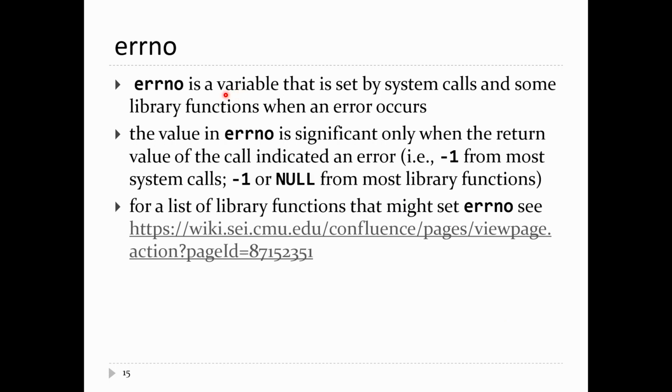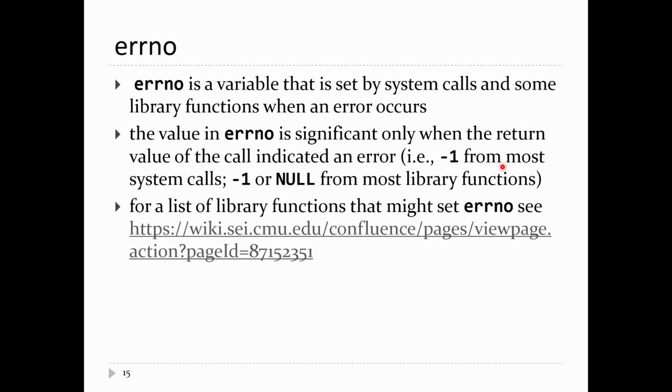errno is a variable that is set by system calls and some library functions when an error occurs. Some library functions, not all of them. Now, it only makes sense to look at errno when the return value of the function call indicates that there was an error of some kind. And remember that the return value from a function, you can't always safely decipher it as being an error.